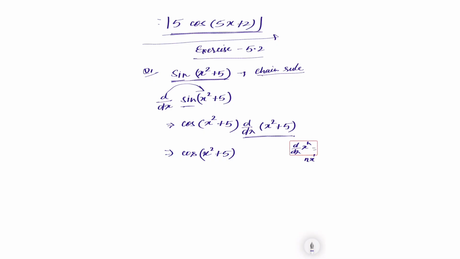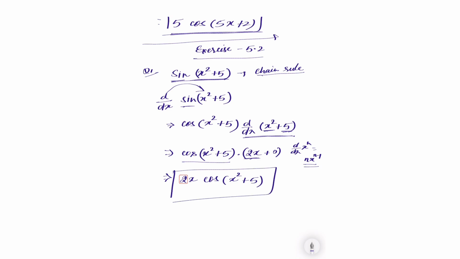Exactly, n x power n minus 1. Using the same formula, here n is equal to 2. So d/dx of x square will be 2x power 2 minus 1, which is 1, that is 2x, plus 5 is a constant, it will become 0. Then this 2x is multiplied with this function, hence we will write 2x cos(x square plus 5). This is the final answer.